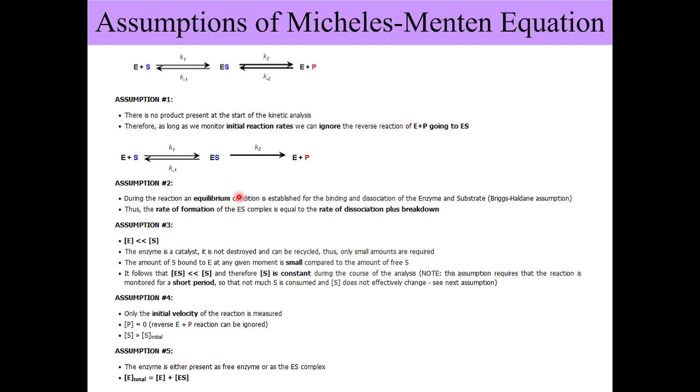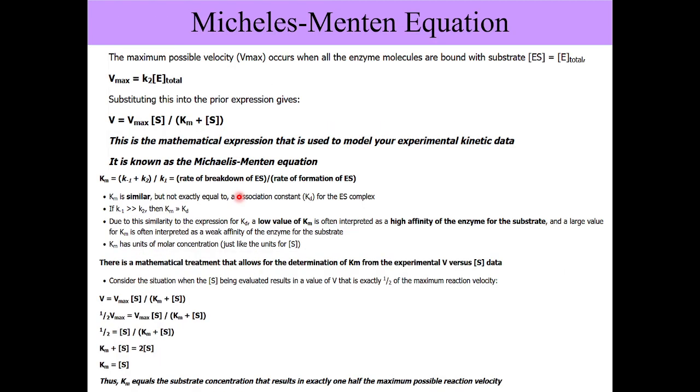So amongst all the enzyme that is there, a part of the enzyme is involved in the formation of the ES complex, and the rest of the enzyme is present as free enzyme E. Okay. So this again tells you that the maximum possible velocity or Vmax occurs when all the enzyme molecules are bound with the substrate, that is ES is equal to E total.